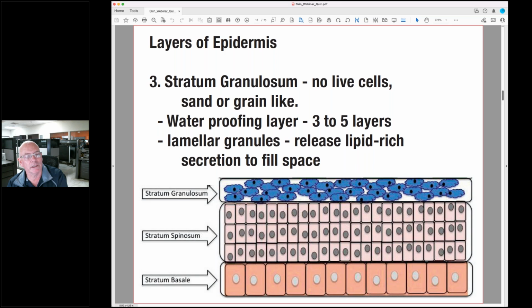We're basically looking like grains of sand, okay? This is the waterproofing layer though, all right? Lipid-rich secretion to fill the space. Granulosum.